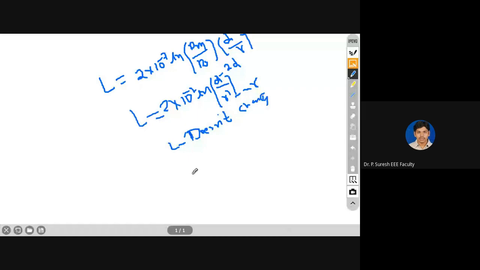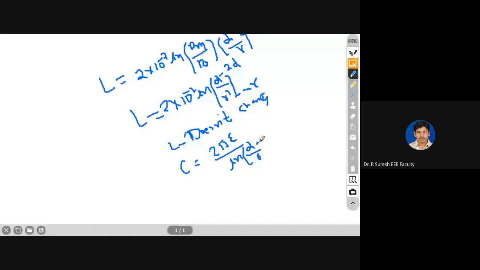What about capacitance formula? C equal to 2 pi epsilon by ln d by r. So is capacitance changed or unchanged? Distance is doubled and radius is doubled. Capacitance is changed or unchanged? Teja, are you there?